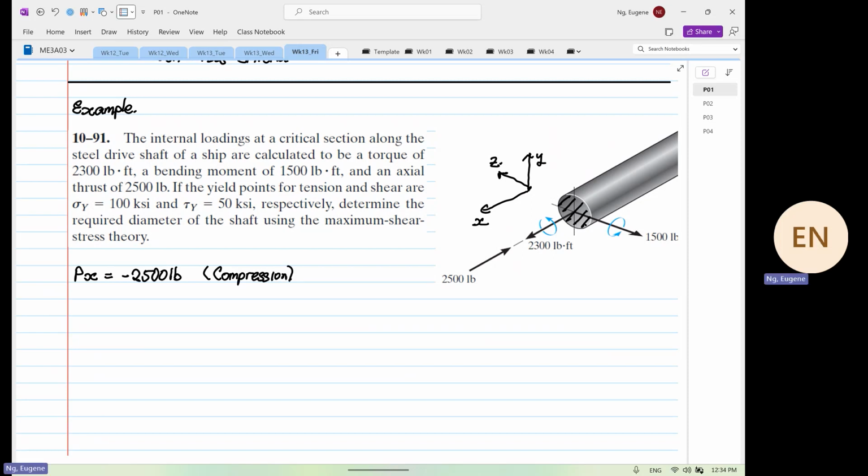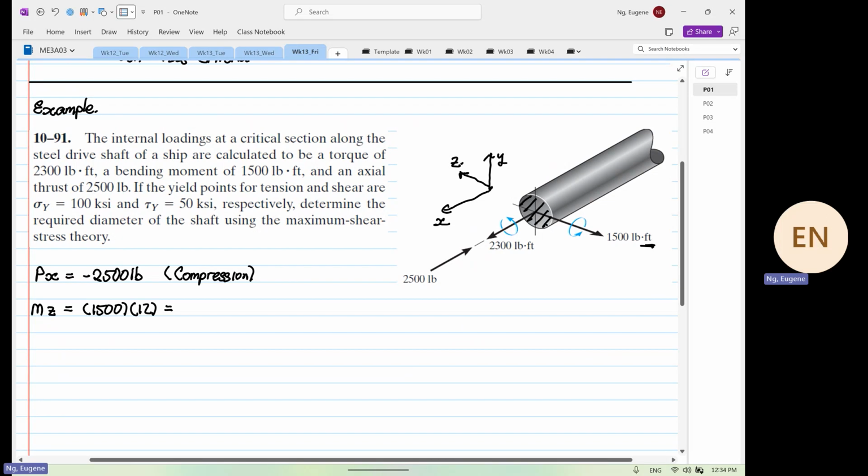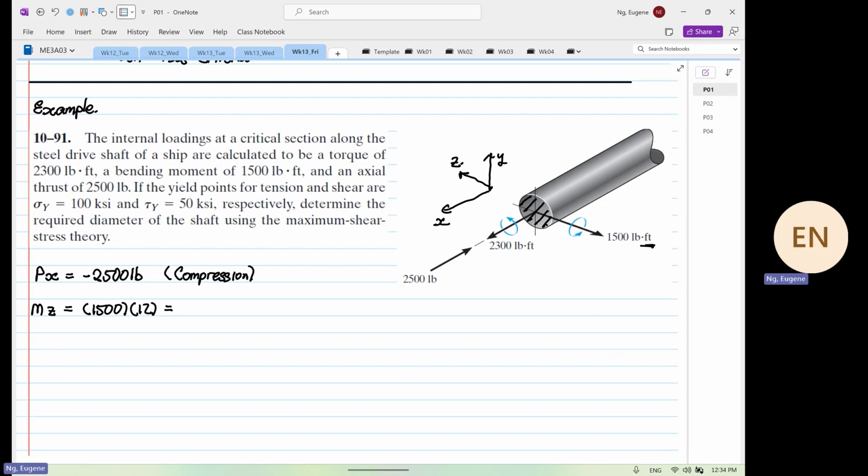Then we have moment about the z-axis, which is 1,500 multiplied by 12. Why do we multiply by 12? Because this is in pound-feet, and we have to change it into pound-inch. So we have 18,000 pound-inch.